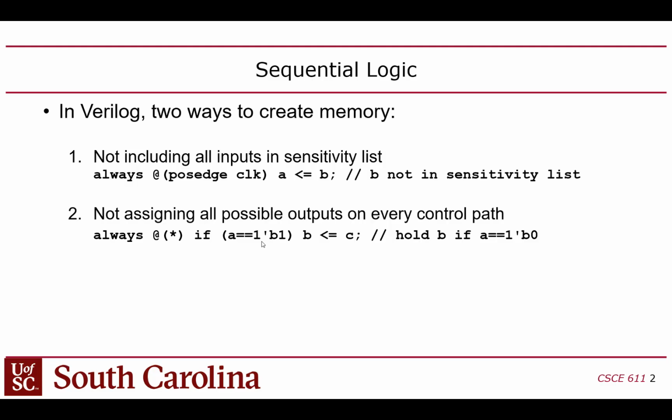Let me give you a more concrete example. In your control unit, in your CPU, you're going to have this big, complex, nested if-then-else statement, right? So you're going to have an if statement that looks at the function code and the opcode of your instruction that's currently being executed, and then you're going to use that to generate all of the control signals to execute the instruction.